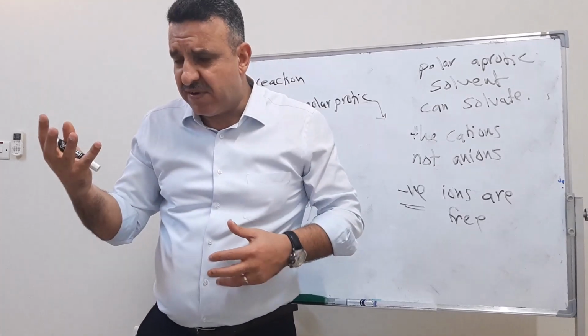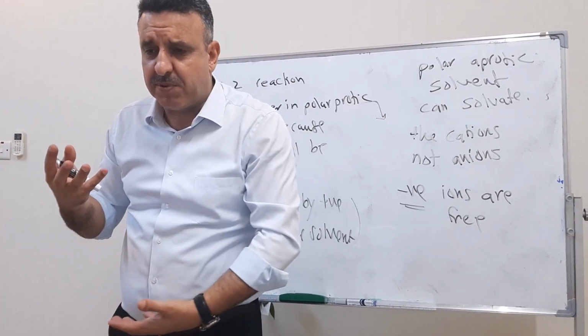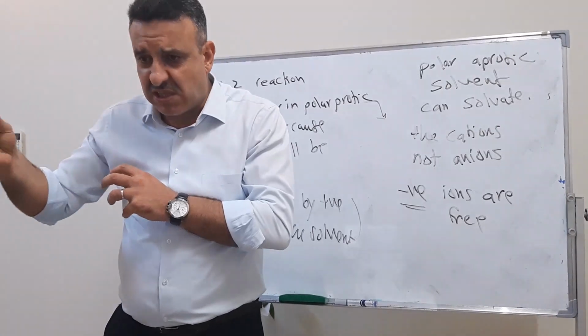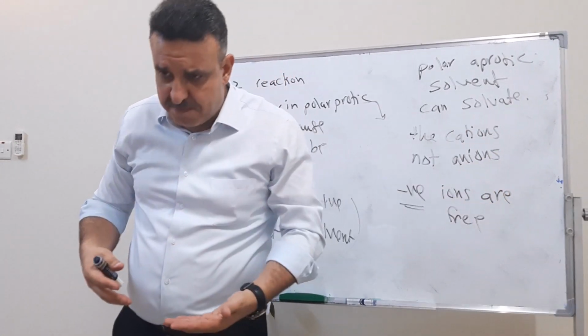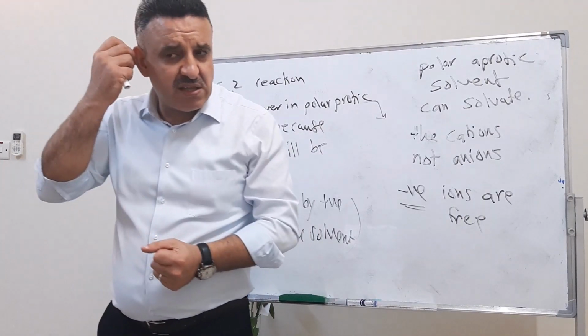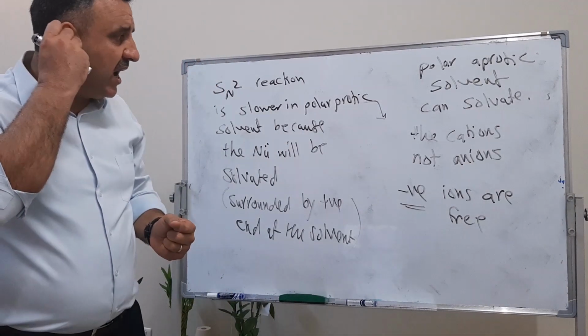If this nucleophile in this polar aprotic solvent cannot be surrounded, it's free, then its ability to reach the reaction center will be higher, and therefore the rate of the reaction will be higher.